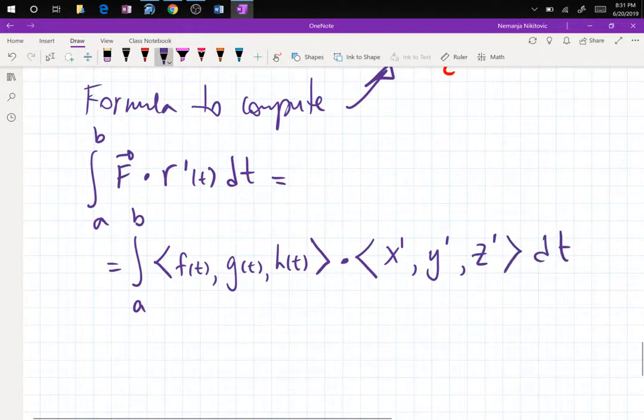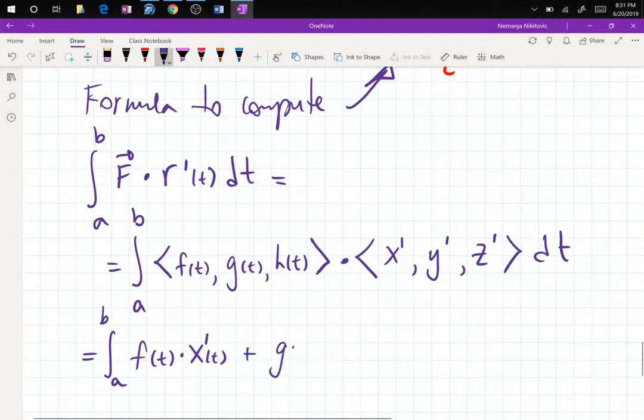And you know that the dot product gets them all to add. So you have f of t times x prime of t plus g of t times y prime of t plus h of t times z prime of t, all of that in parentheses, dt.